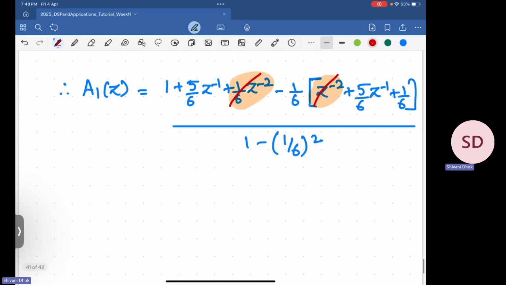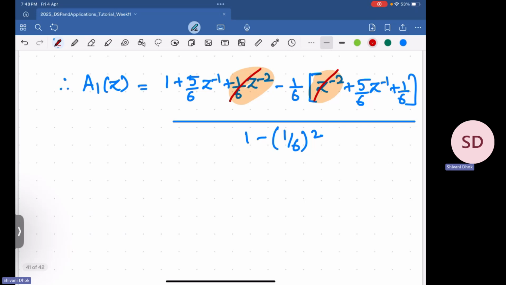Okay, so now let us simplify this. I'll combine the constant terms. So I have 1 minus 1 by 6 into 1 by 6, so 1 minus 1 by 6 square, plus z inverse common: 5 by 6 minus 5 by 6 into 1 by 6.